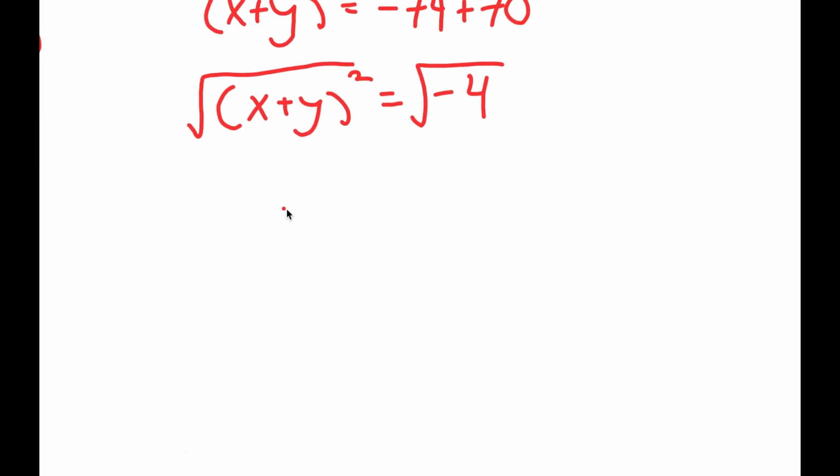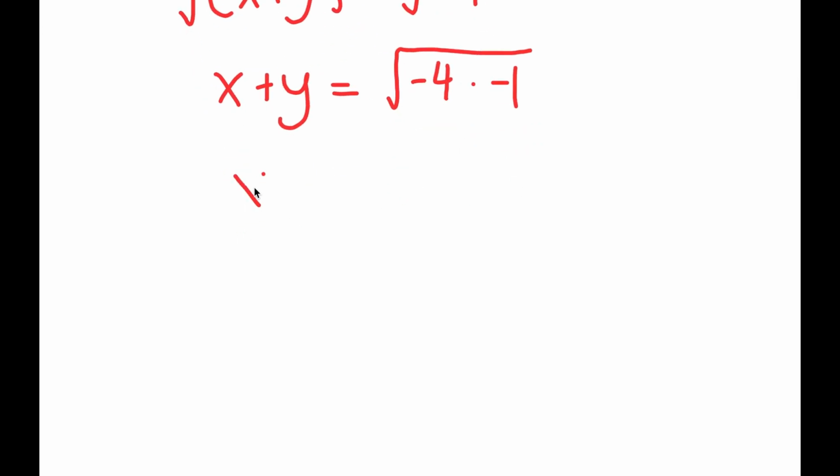So the square root of x plus y squared is x plus y. And the square root of negative 4, well, to actually solve this, many people probably think that you can't take the square root of a negative number, but you actually can. So what I'm going to do is rewrite this as the square root of negative 4 times negative 1.